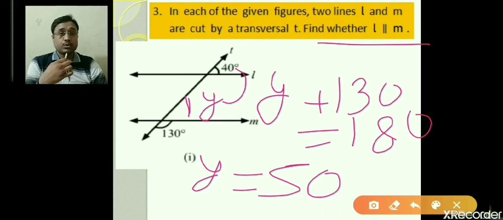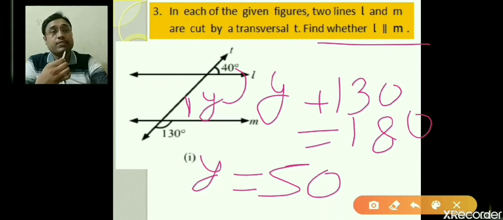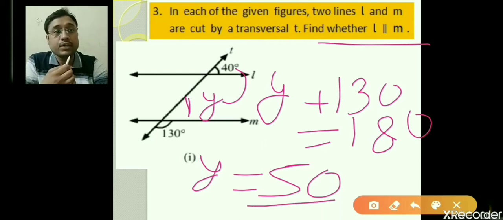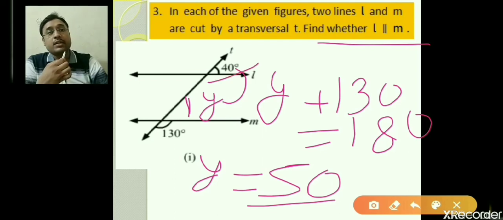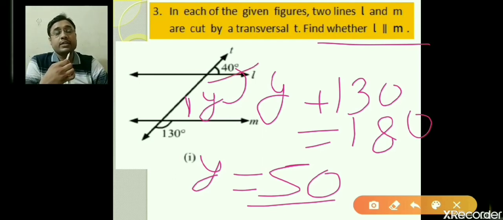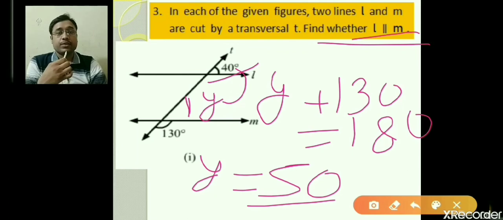In that case what we have studied is that if the corresponding angles are equal, then the given lines are parallel. But here Y and 40 degrees are not equal, because Y is 50 degrees and its corresponding angle is 40 degrees. So they are not equal. So you will say these lines L and M are not parallel in this figure. They look parallel here, but they are not parallel.